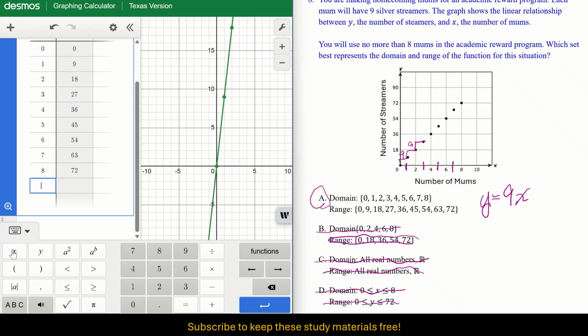There's a couple of ways to get this done, but this is pretty efficient. So now you see everything that you need given in your table. And I have 0 and 9, 18, 27, 36, 45, 54, 63, and 72. And once again, that verifies option A.